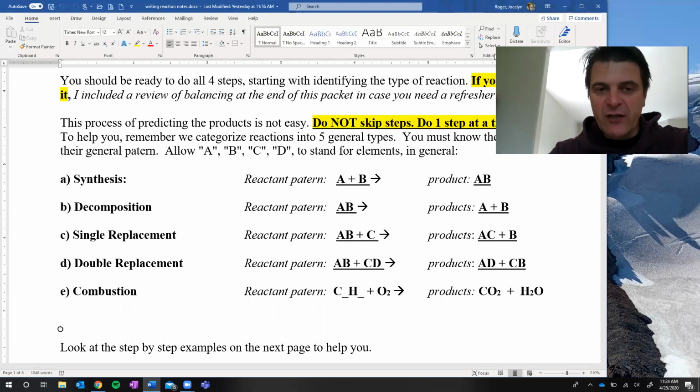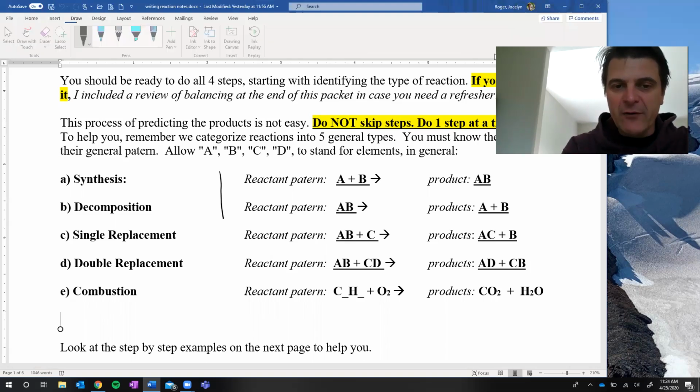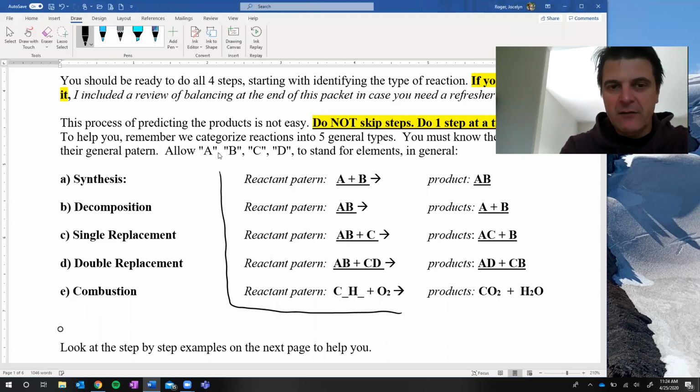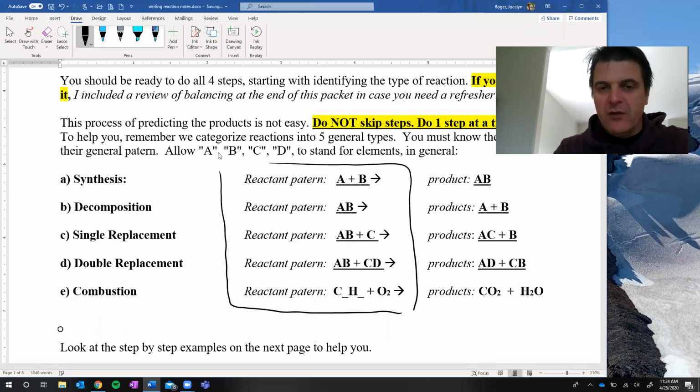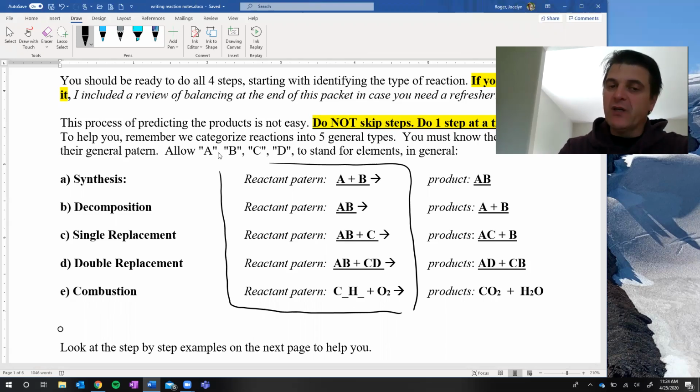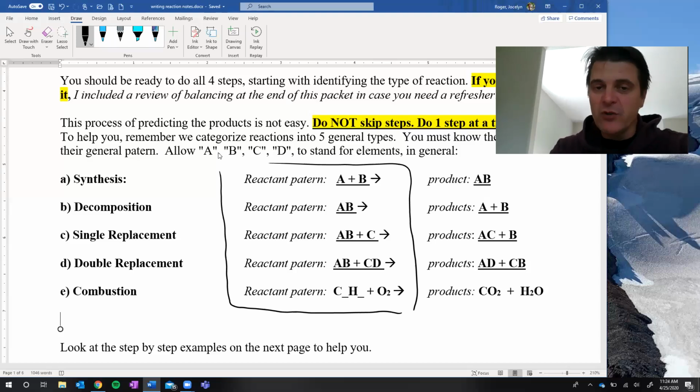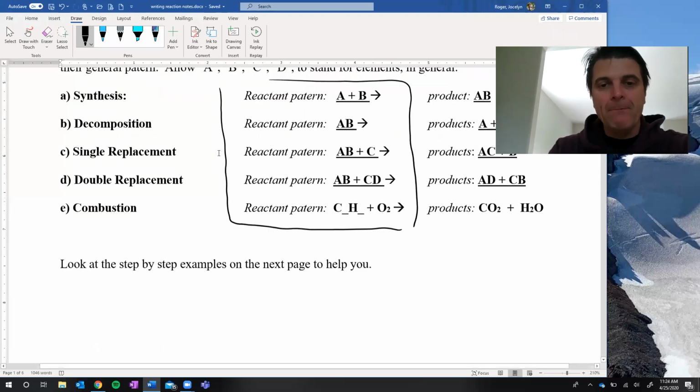And you notice, look at the reactant patterns right here, you see that they're all different. So that allows us to predict what's going to happen, because we can identify which reaction is likely going to take place simply by looking at the pattern and which one it matches.